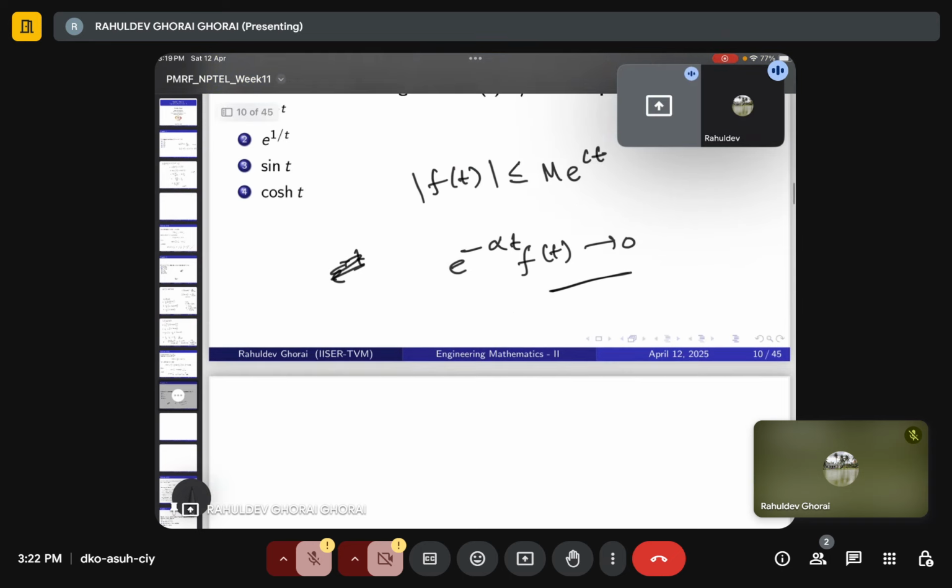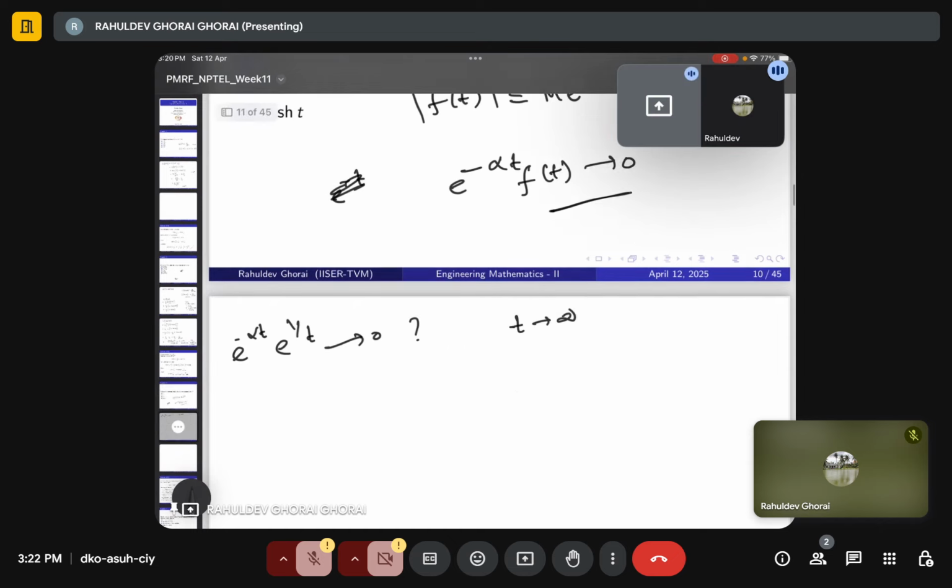But what about e to the 1 over t? Can you find alpha such that e to the power minus alpha t times this one converges to 0 as t tends to infinity? Let's say alpha is greater than 0 first.